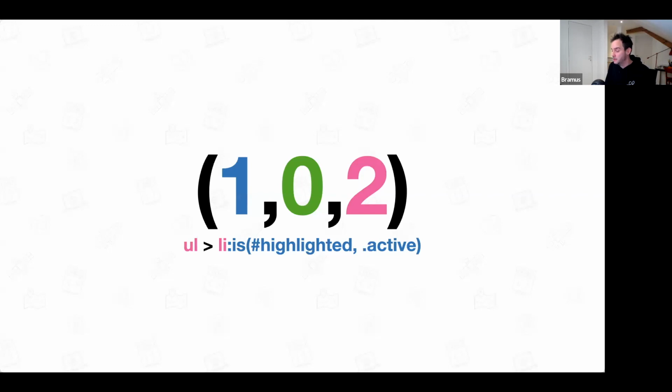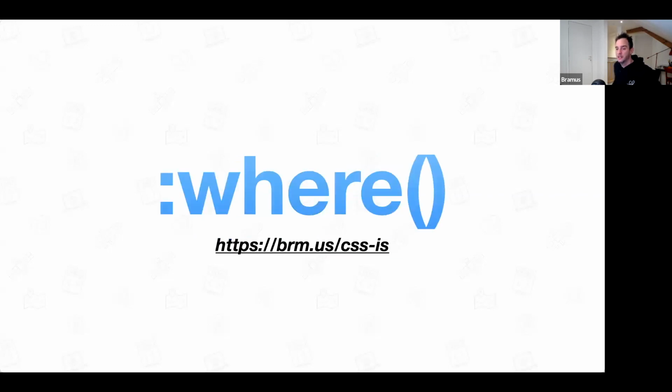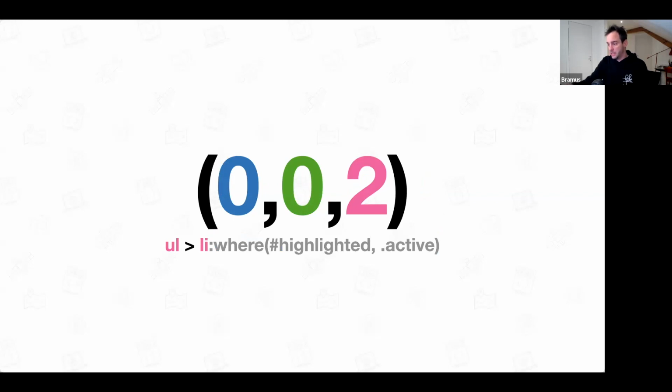Another thing I didn't tell you is where. Where works the same as is, so it allows you to target the same elements. So again, you can say, well, if it's the one with the ID highlighted or the one with the class active, but the specificity will evaluate to 0.